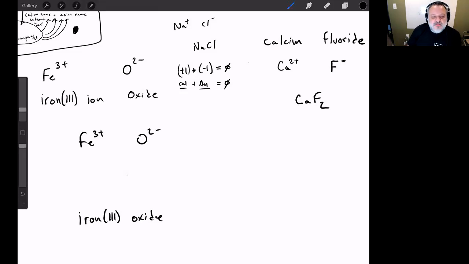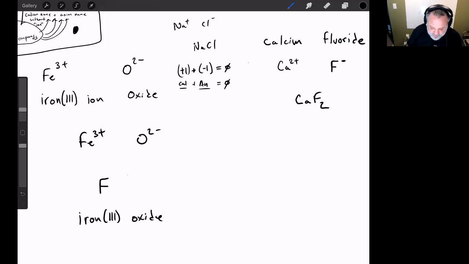How many of these do I need in order to get a neutral charge overall? This one's a little bit more of a challenge, if you think about it. I'm going to show you a trick in a second, but I want to get back to basic principles first.